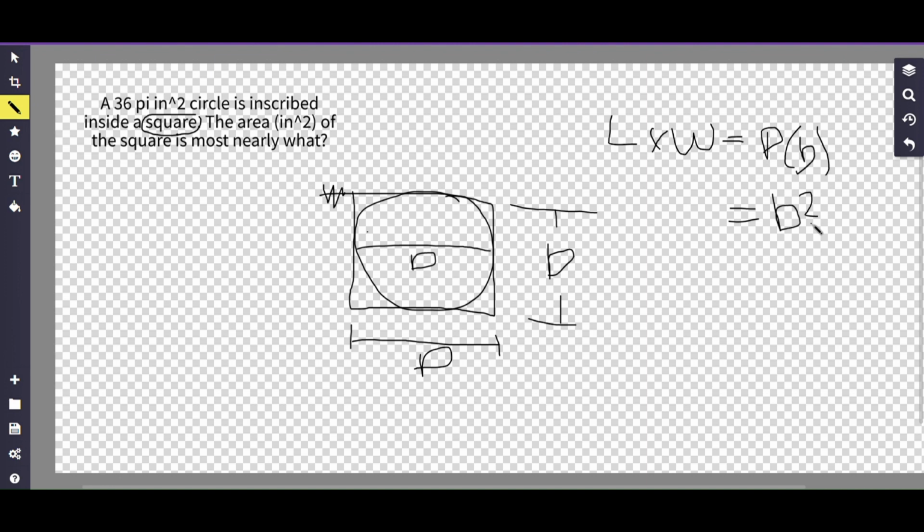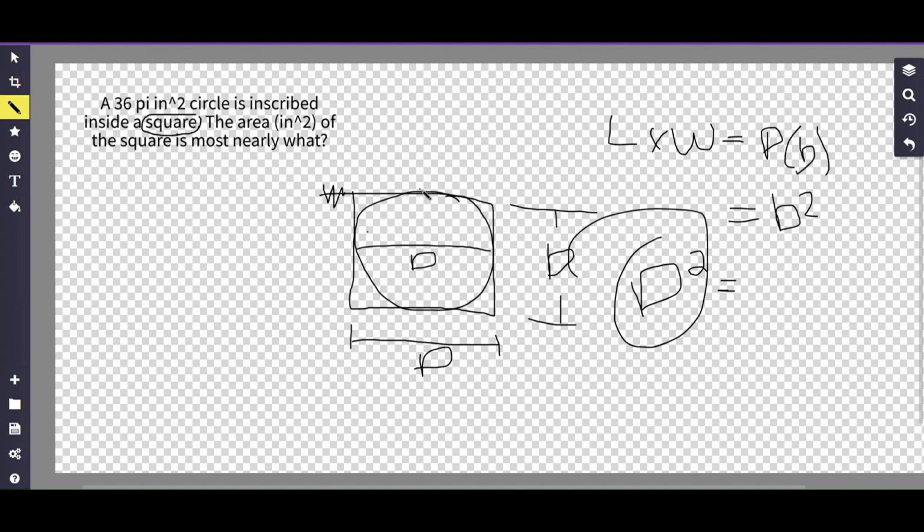Now that we know that, let d become the diameter of the circle along with the side of the square, giving us a formula such as d squared, the area of the square.